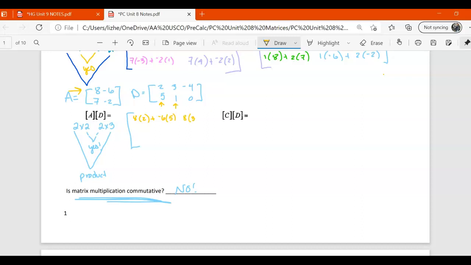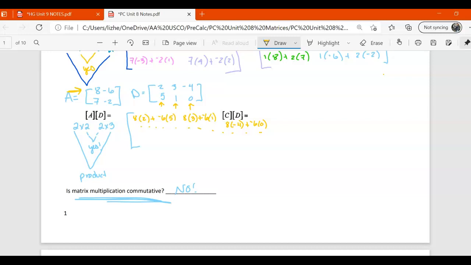So I have 8 times 3 plus negative 6 times 1. And now I need to do the top row again times the third column, which is 8 times negative 4 plus negative 6 times 0. All right, so I'm putting a little line in there so we remember where that belongs.